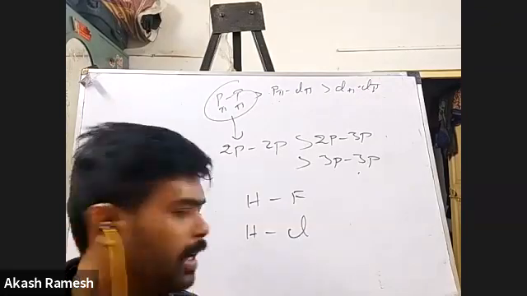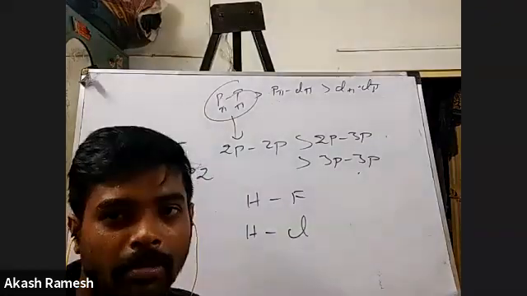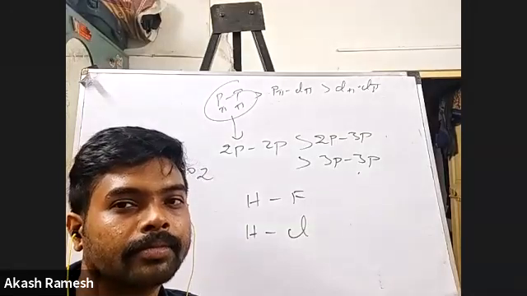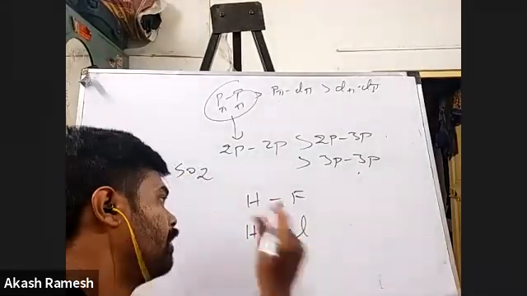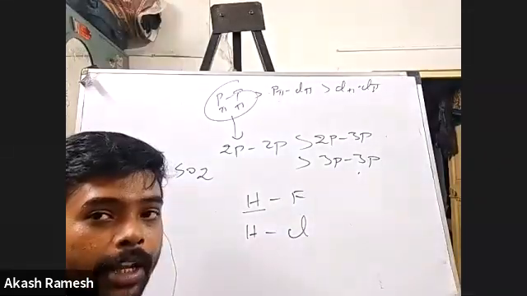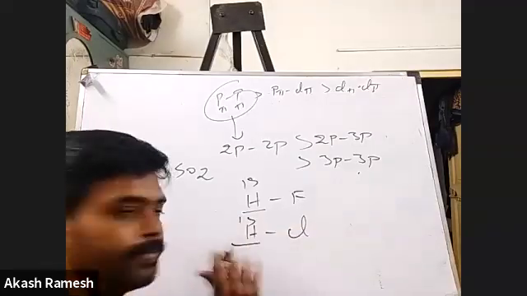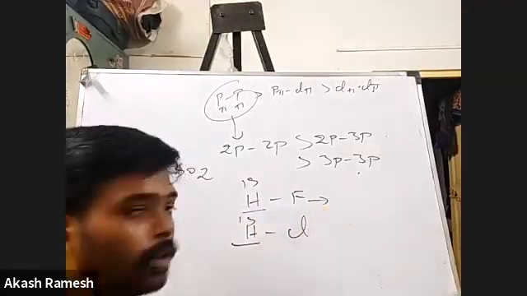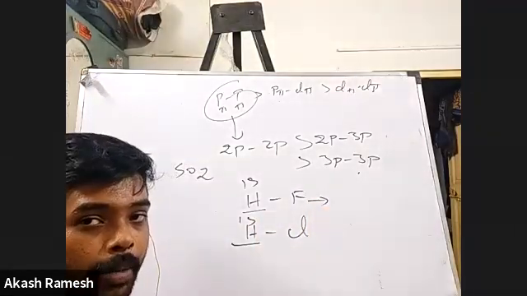Same analogy, but here there is no case of pi bonds. There is only a sigma bond. Which orbital of hydrogen is involved in the bonding here? The s orbital. Which s orbital? 1s. So here also it's 1s only.